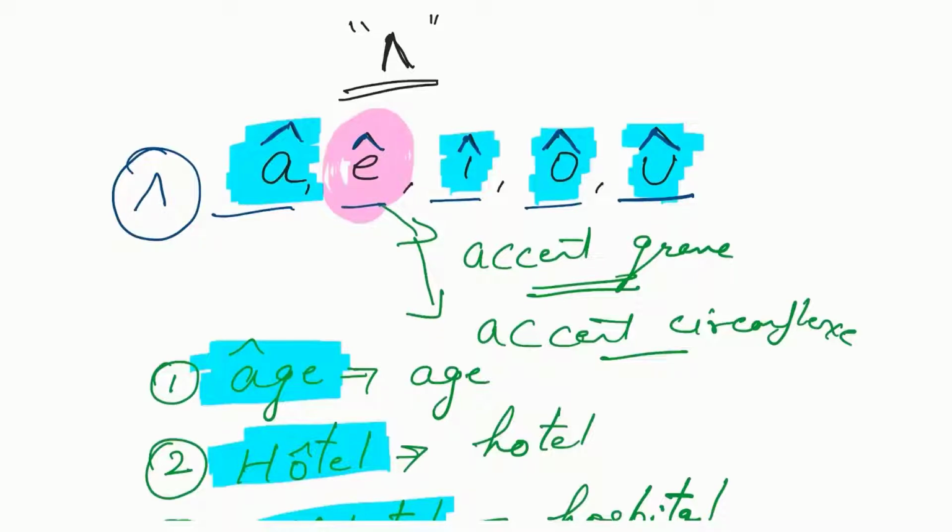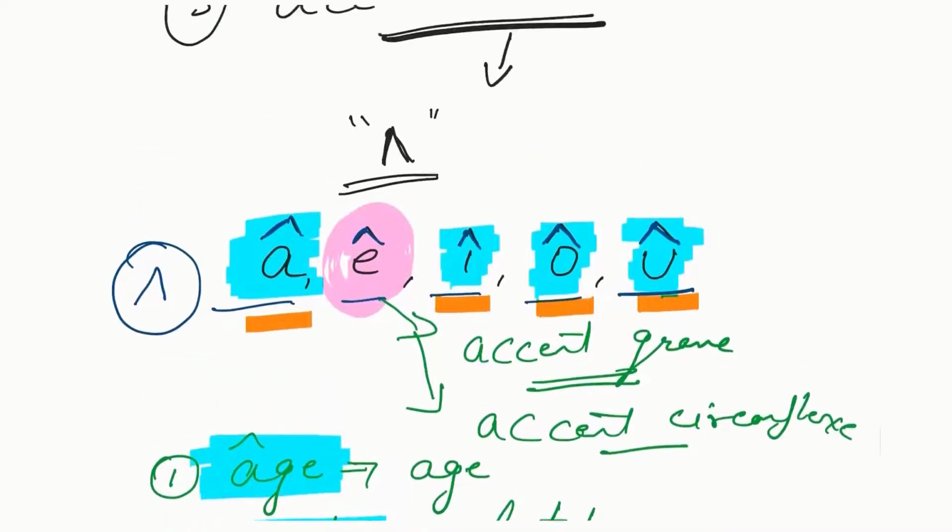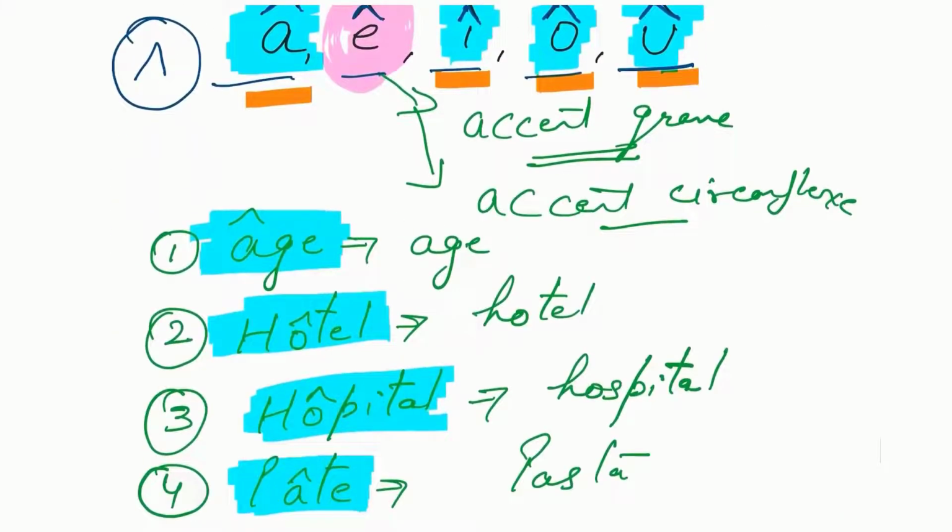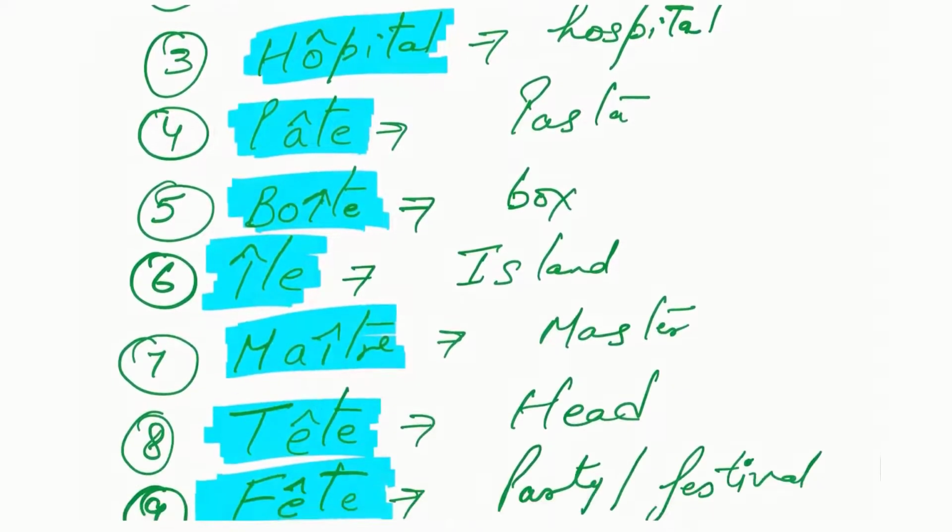The sound won't change of E, I, O, U. Okay, and the sound of accent circonflexe is same like accent grave, "ah". Okay, so we have done accent circonflexe, and these are the examples.